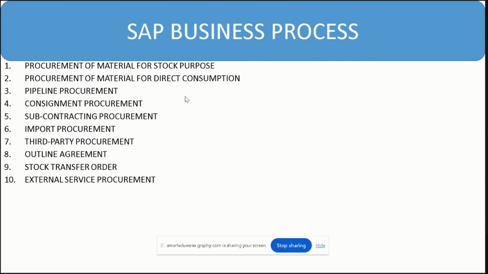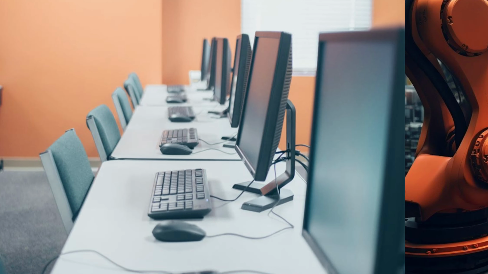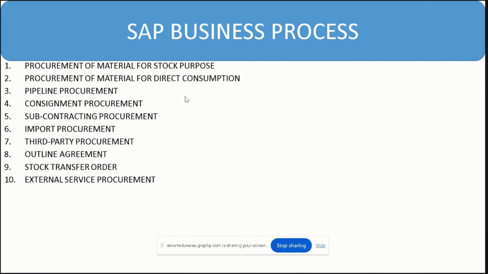Next one is external service procurement. So what is external service procurement? Basically, let's say you are purchasing some service from the outside. Let's say you are working in a plant. The plant will have certain machinery, certain desktops, and certain ACs. For those there will be regular servicing required, or let's say you need to paint or clean something.